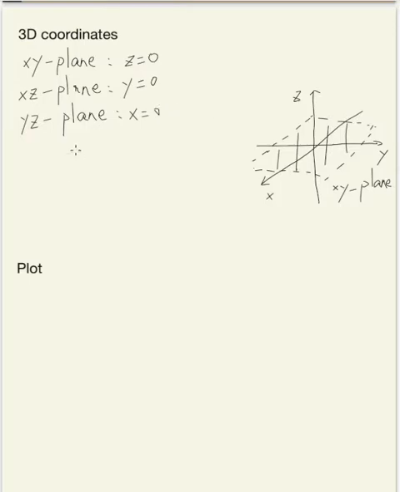Okay, a typical 3D coordinate is something that looks like this. A tuple with three numbers, x, y, and z. And here this x is the distance from the point xyz to the yz plane.